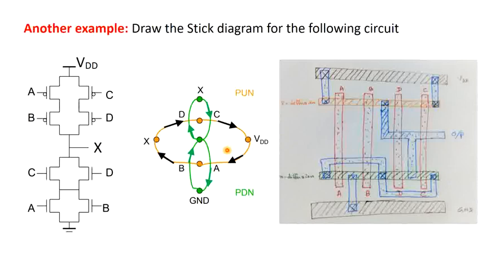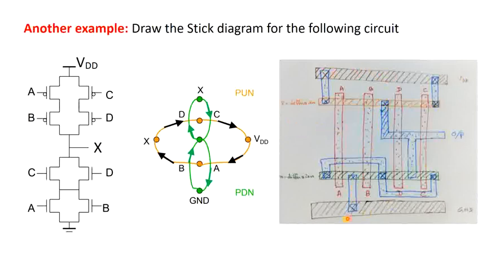What about the pull down network? A, B, D, C. We too have an Euler path for this pull down network. So this order A, B, D, C can be used for drawing the stick diagram as shown in this diagram.